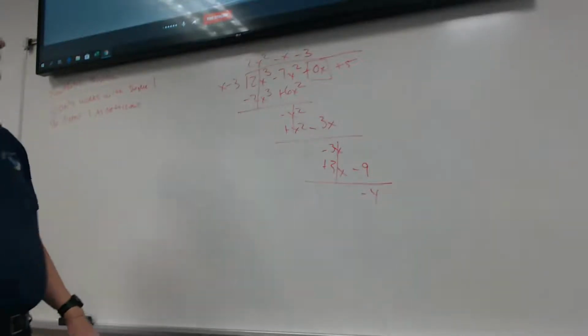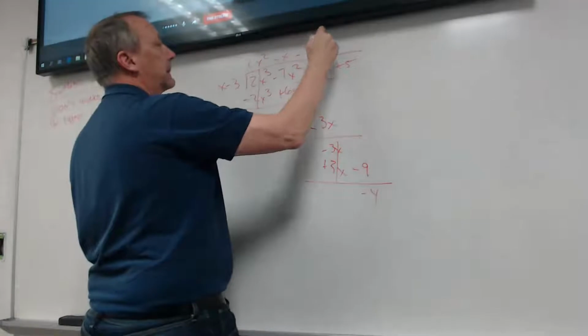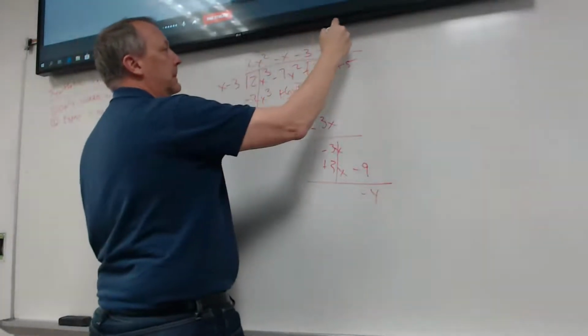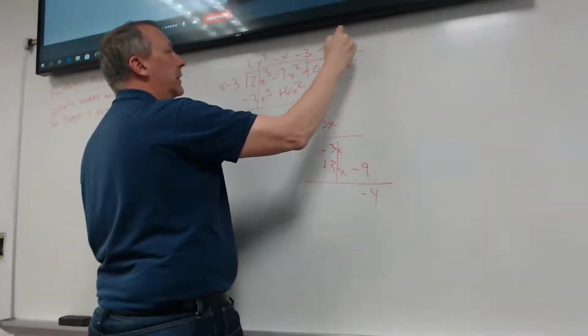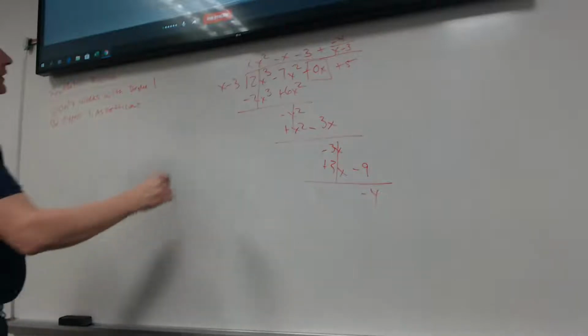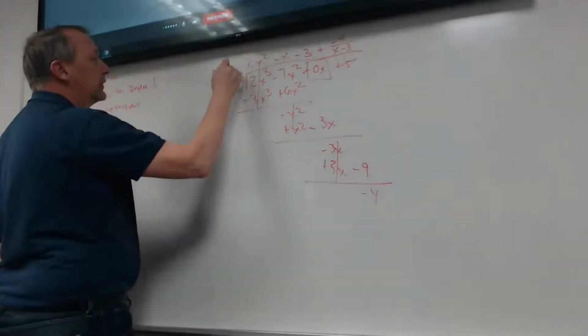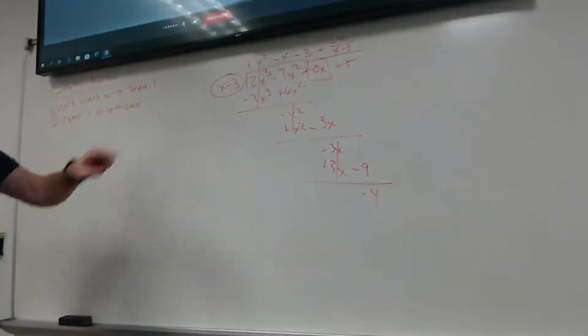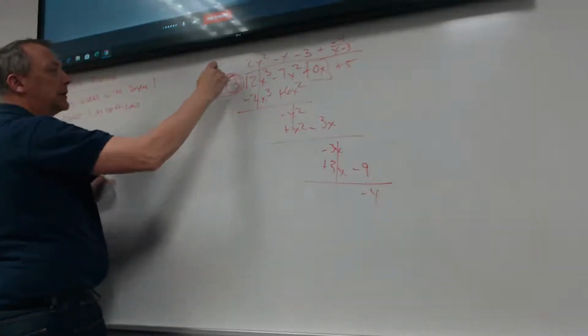So I write negative 4 over x minus 3. Okay, so here's how we're going to do synthetic division. You could think of this as factoring that out. Whatever this number is, you're going to pick the opposite sign.